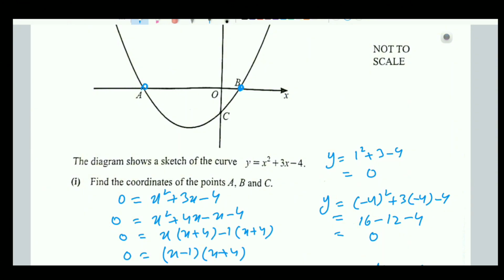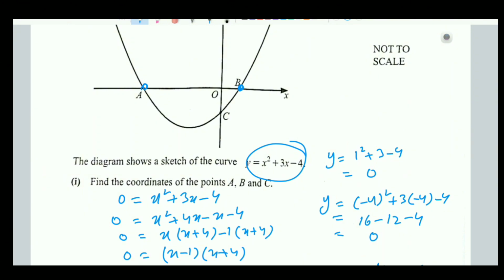So please remember that on the x axis the y coordinate is 0 and on the y axis the x coordinate is 0.